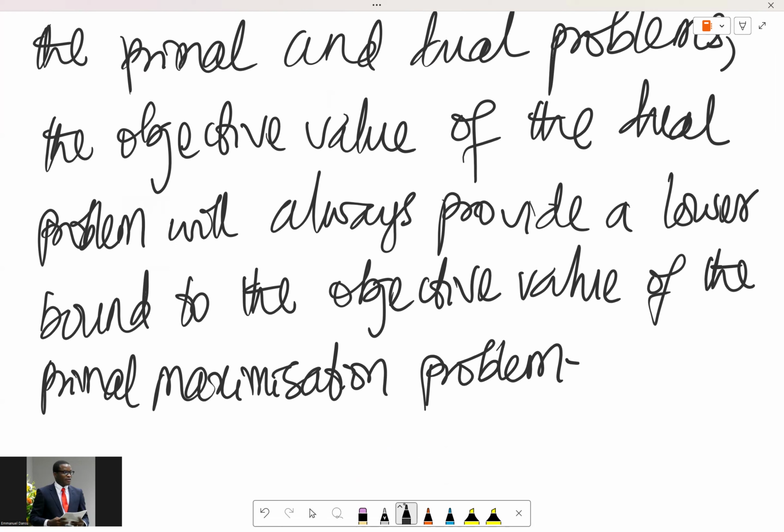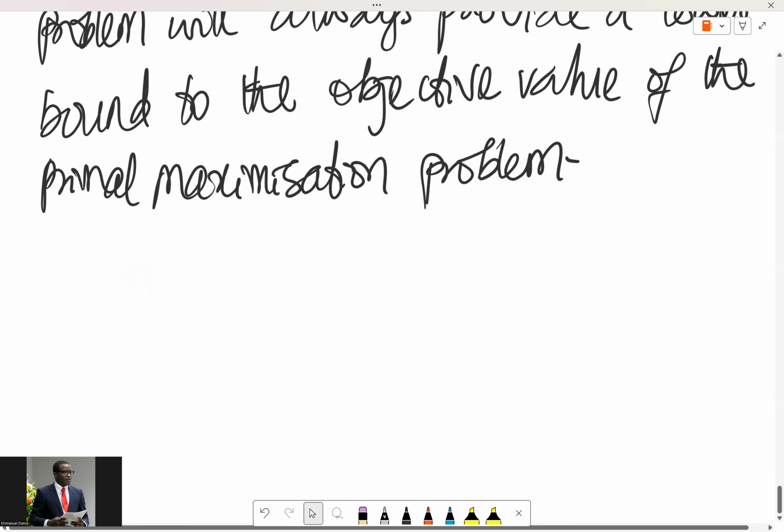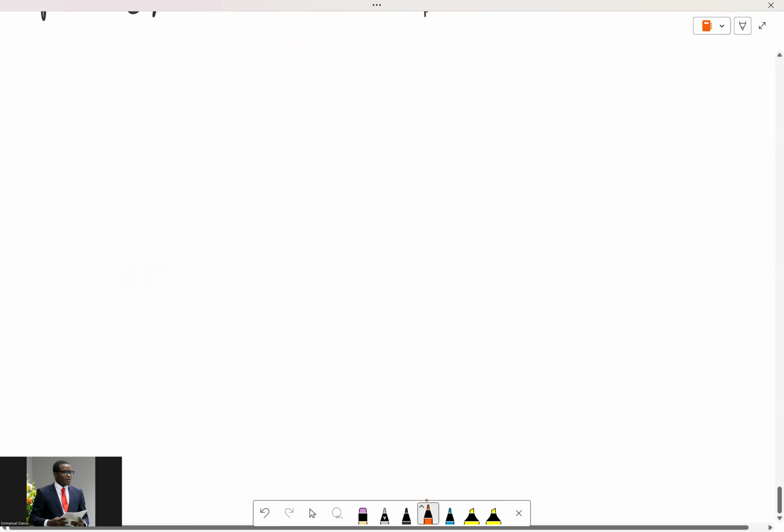So in the strong duality theorem, right, they are equal. But when you look at the weak duality theorem, the objective value of the dual is a lower bound for the objective value of the primal maximization problem.